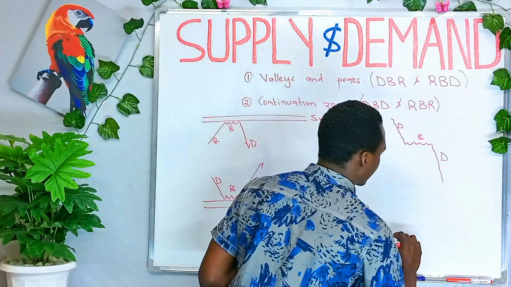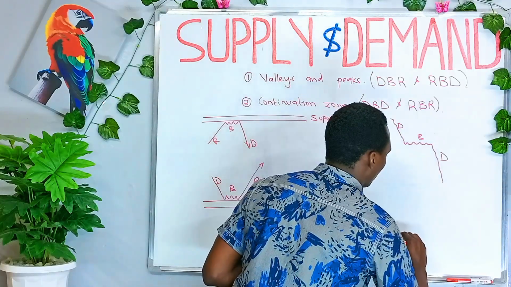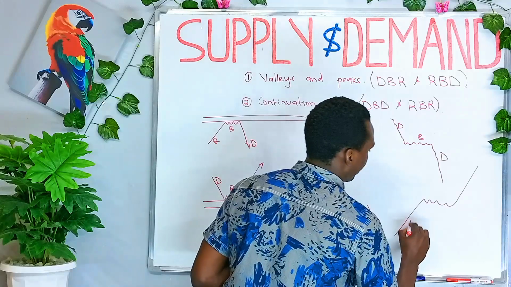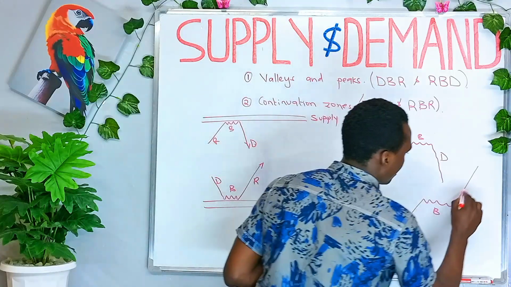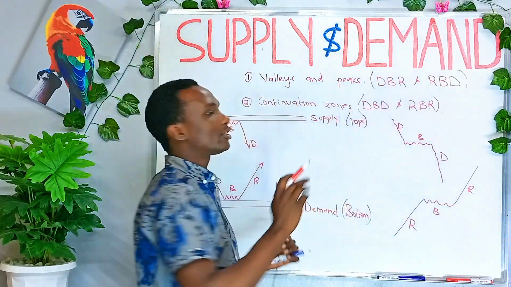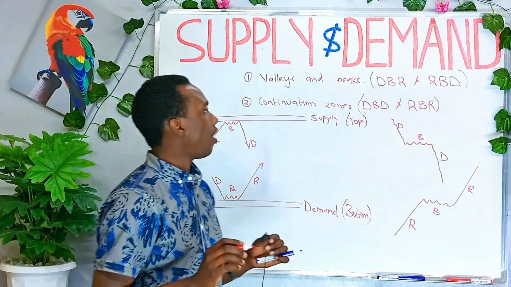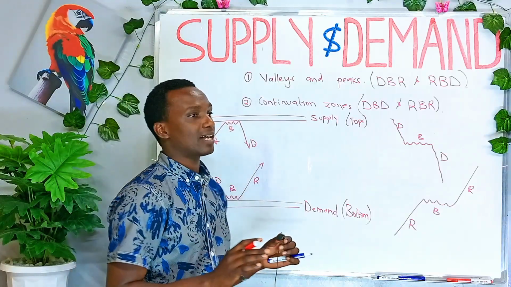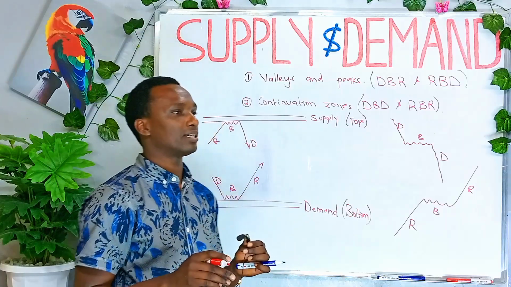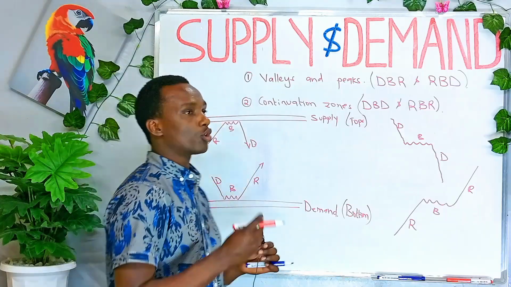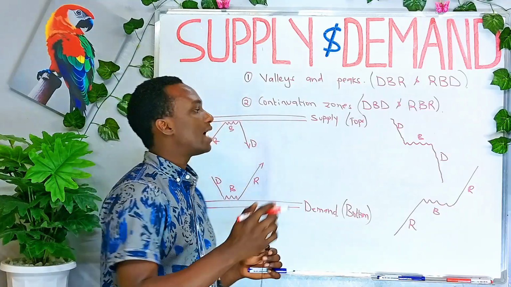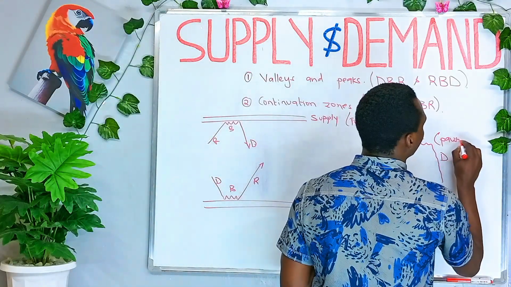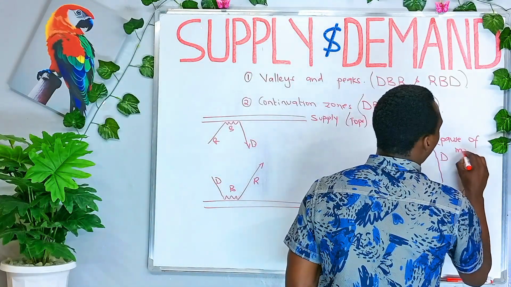And in this case of rally, you will find a rally base rally. So these are the two types of zones that you'll find in the markets as supply and demand zones. Okay, so continuation patterns indicate a pause of momentum. Here you'll find a pause of momentum.